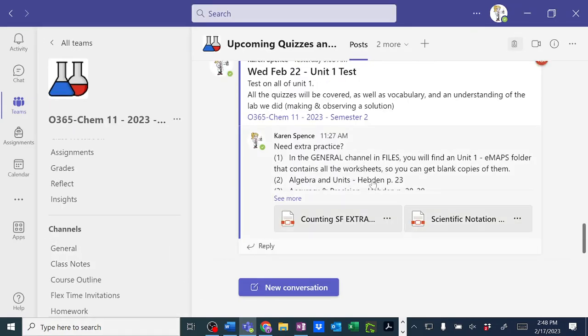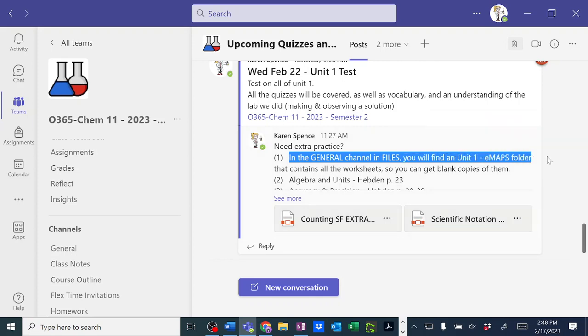Make it a little bit bigger. And down underneath it says need extra practice. In the general file channel in files, you are going to find a Unit 1 EMAPS folder. It contains all the worksheets. So if you want to redo any worksheet and you want a blank copy, you can go, you can say general.